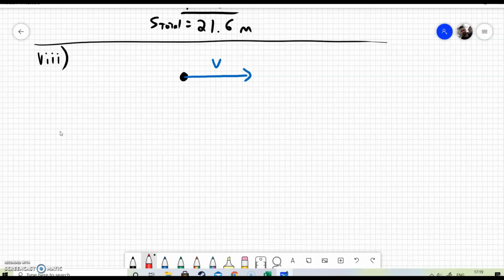The only force acting on it is the gravitational force. So I'm going to draw F acting down this way. And the acceleration that it's experiencing due to that force is A acting down that way as well. We also know that it's the acceleration due to gravity. So I'll just write at the bottom A is equal to 9.8 meters per second squared. Again, just to highlight exactly what that is.